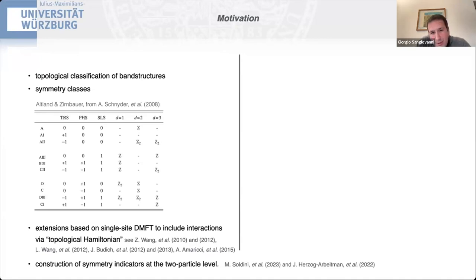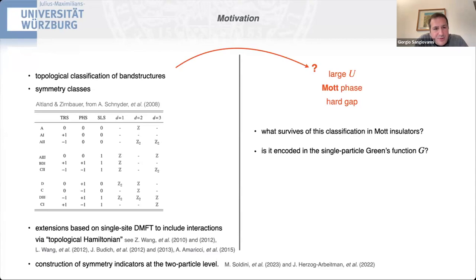So in this talk, what I'm going to do is to try to go, let's say, on the other side, in the Mott phase, where we have a large U gap, but still keeping a simple description. Essentially, I'm going to ask the question, what survives of this classification in Mott insulators, where we have lost completely the knowledge of single particle Slater determinants as eigenfunctions.